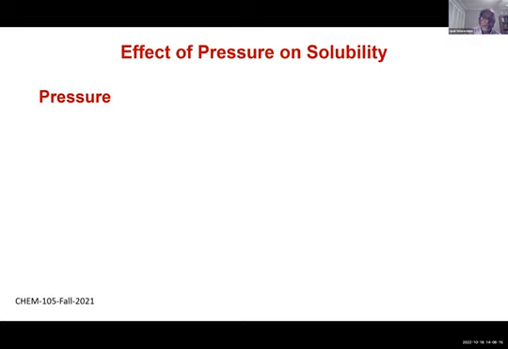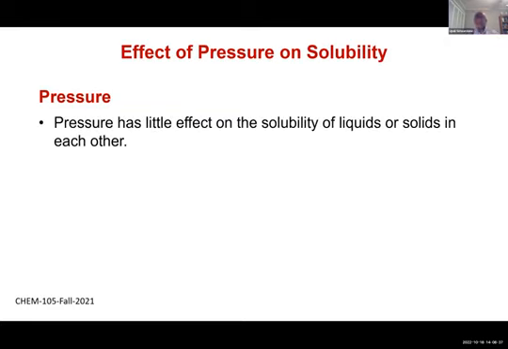If the solute is solid or liquid, there's no effect of pressure. We talked about in the previous chapter that liquids and solids are incompressible. Pressure has no effect on their volume. Pressure has an effect on gases only, and little effect on the solubility of liquids or solids in each other.